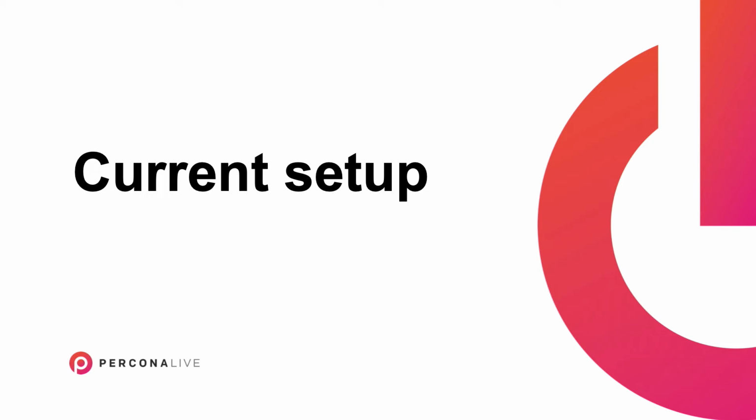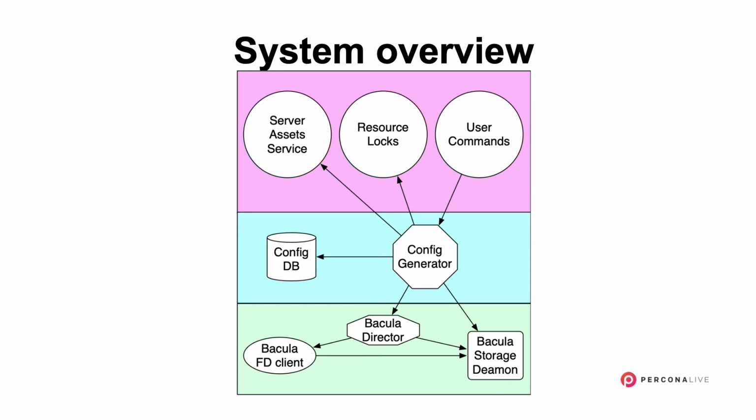So let's talk about the current setup. The setup that we have at the moment, the one that we have built, is divided into 3 layers. And these layers can be replaced, and they don't strongly depend on each other. In the middle, we have the config generator, which is the part that was built new, which talks to a config database.